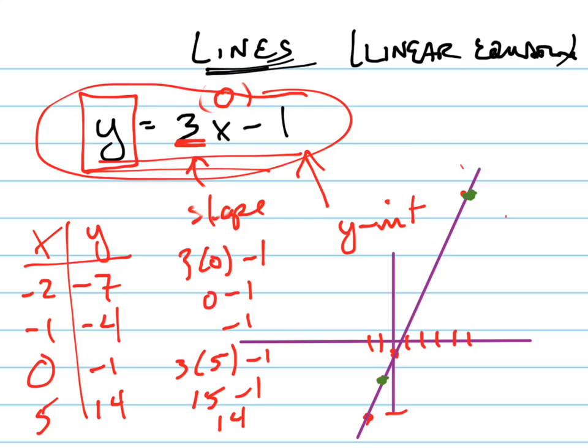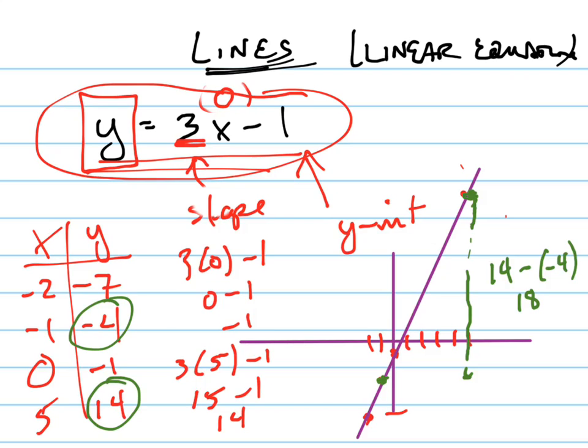The rise between them, which is the vertical distance, is 14 minus -4, which is 18. And the run, the horizontal distance between them, is 5 minus -1. It's a total of 6, right?